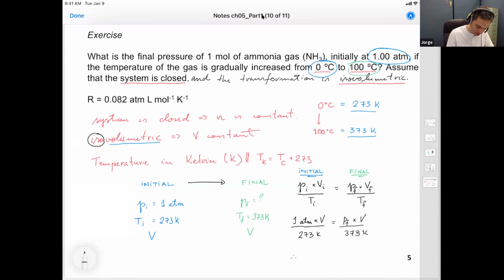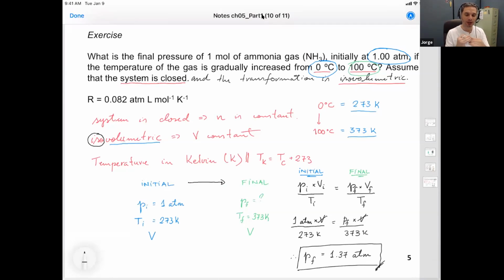Solving this equation, we can cancel V with V. We are going to find that the final pressure is equal to 1.37 atm. And that's the way to solve a problem when you have a gas transformation and the system is closed.